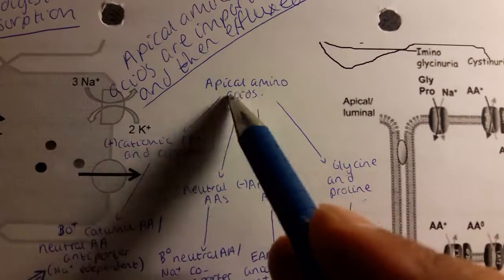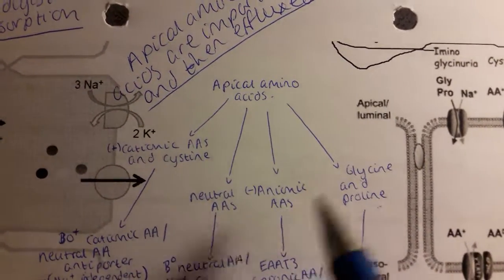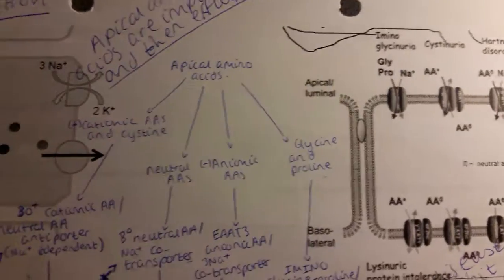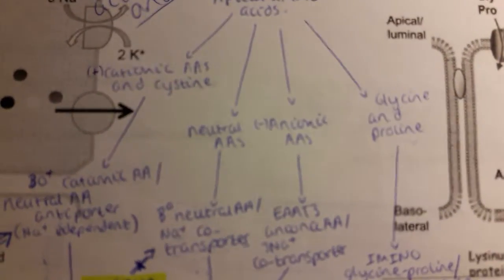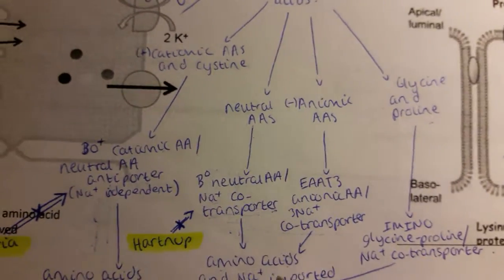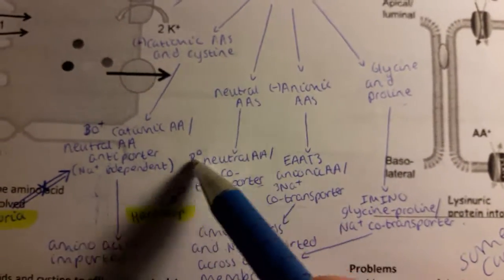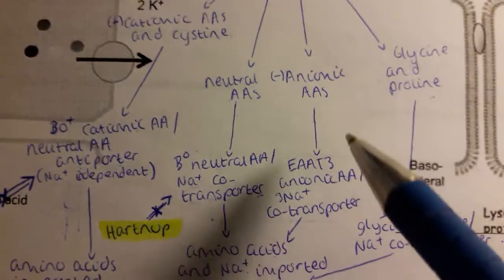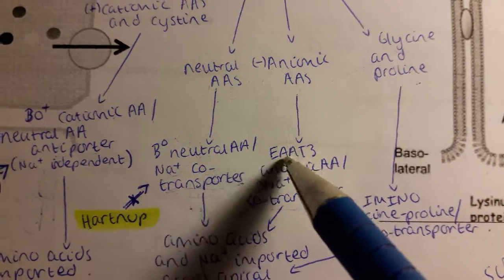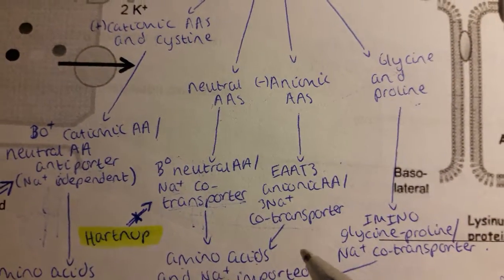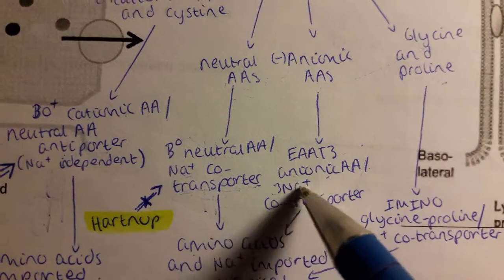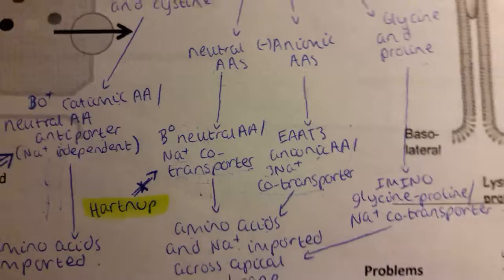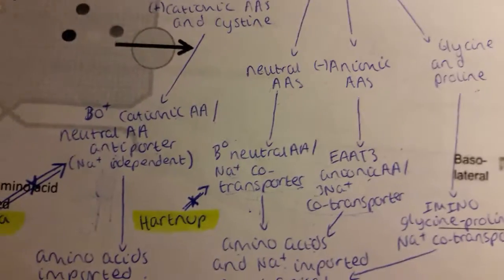Now the next category of amino acid is the anionic amino acids, and these are negative, and these are transported into the cell by a similar mechanism to the neutral amino acids. They're transported in via an EAAT3 anionic amino acid sodium cotransporter. What does that mean?